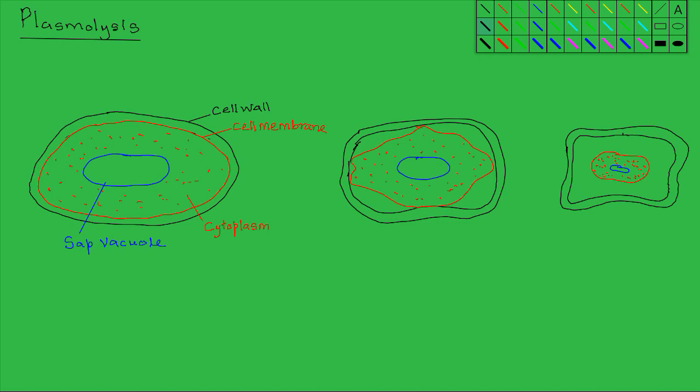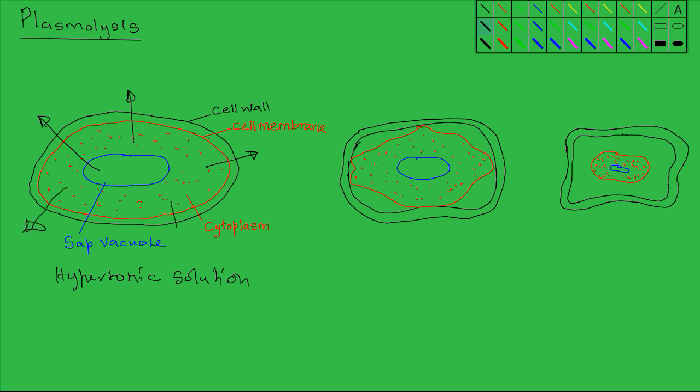If a plant cell is placed in a hypertonic solution, that is the one that has a higher solute concentration than the cytoplasm and the sap vacuole concentration, then water molecules will move from the cell by osmosis into the hypertonic solution.